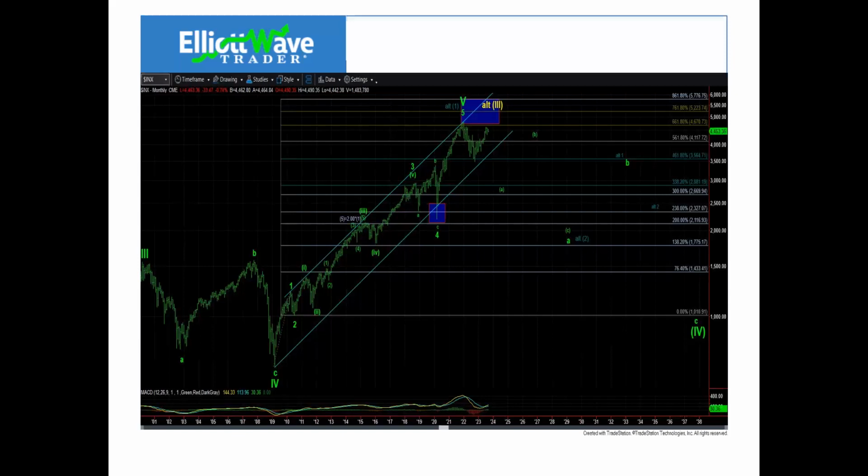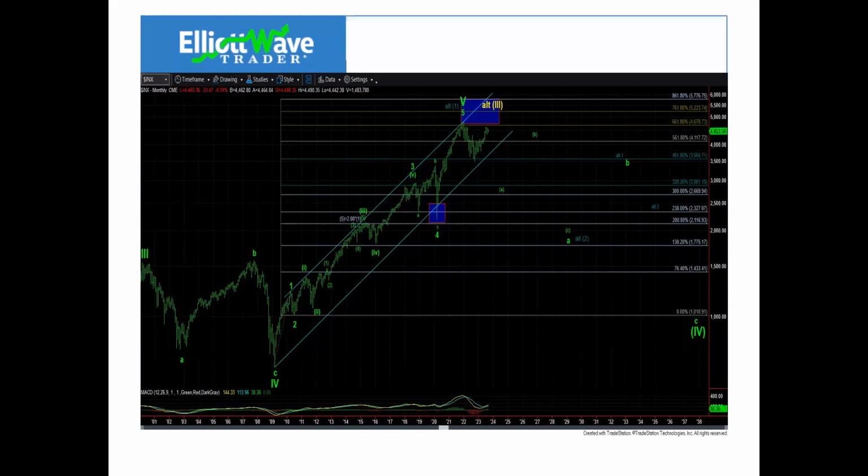Well, the reason I came up with that target was based upon the larger degree Elliott wave structure at the time. And I utilized that same methodology in coming up with the same target that I'm coming up with in the SPX. Oddly enough, the ideal target for the S&P 500 is around 1,000 in this long-term correction.